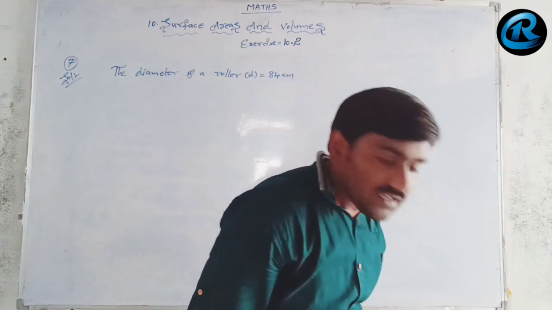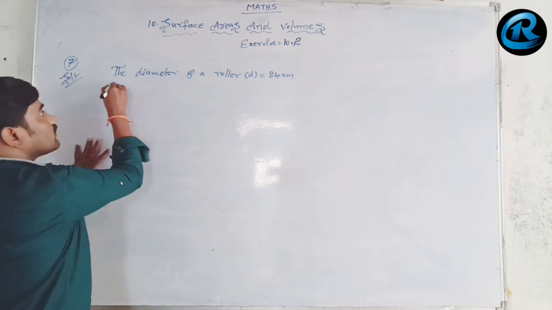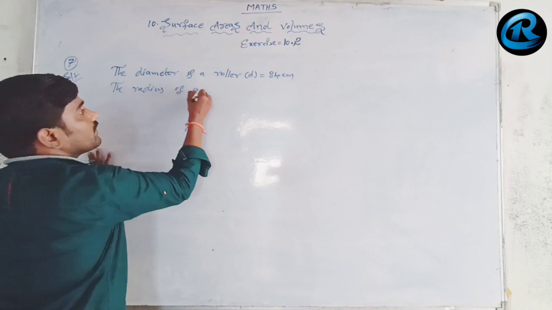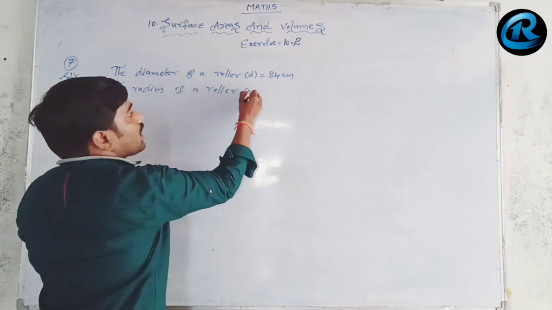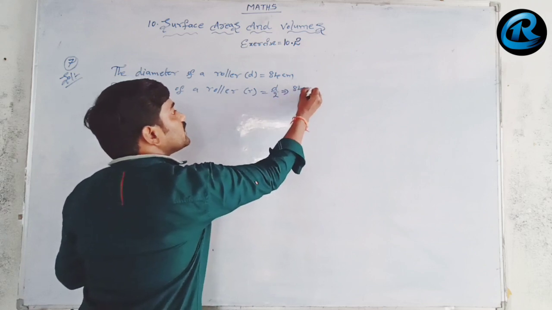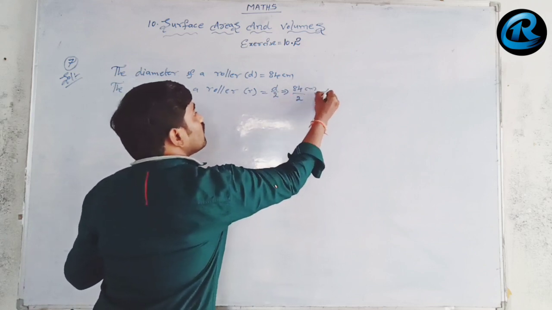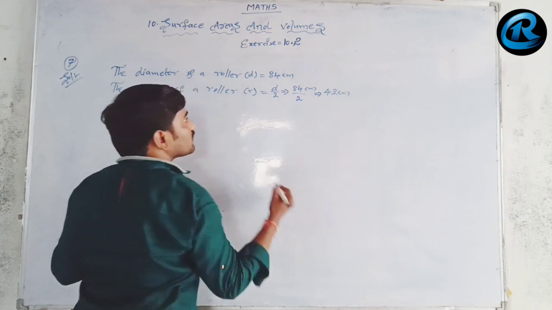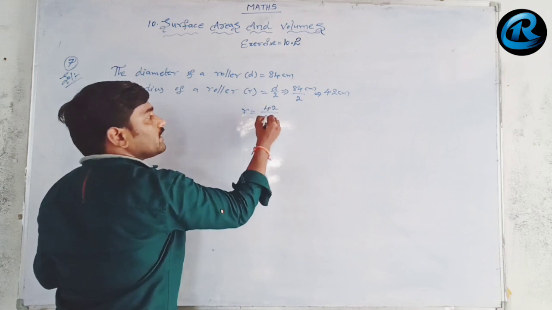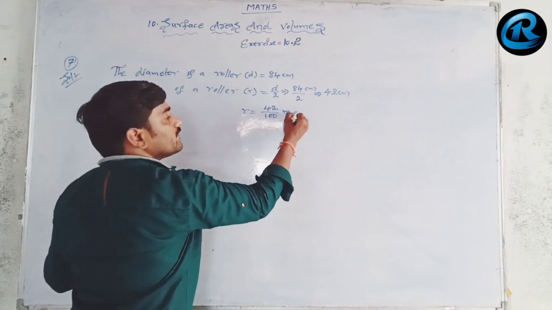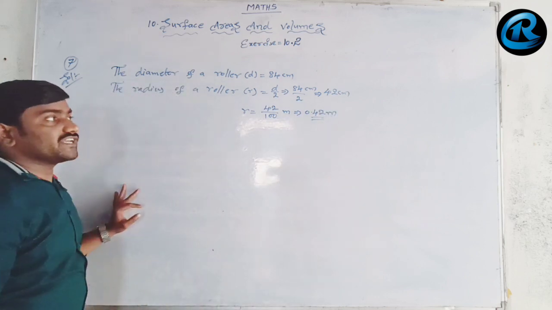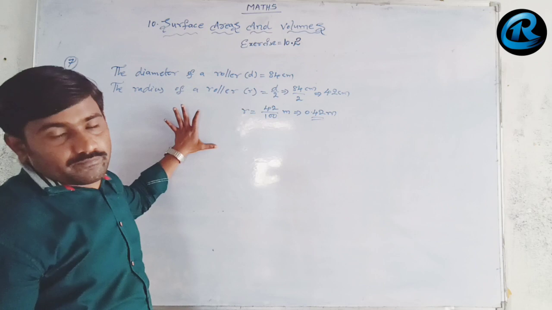Then the radius of a roller R equal to D by 2, that equal to 84 centimeters by 2, that equal to 42 centimeters. But we need to change it to meters now. So 42 by 100, so that you get it in meters, that is 0.42 meters. That's the radius of the roller.